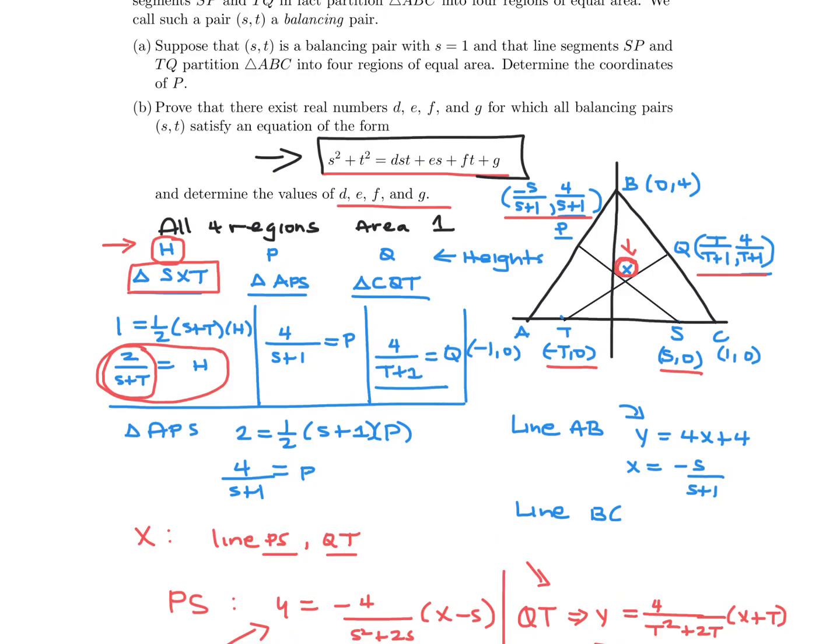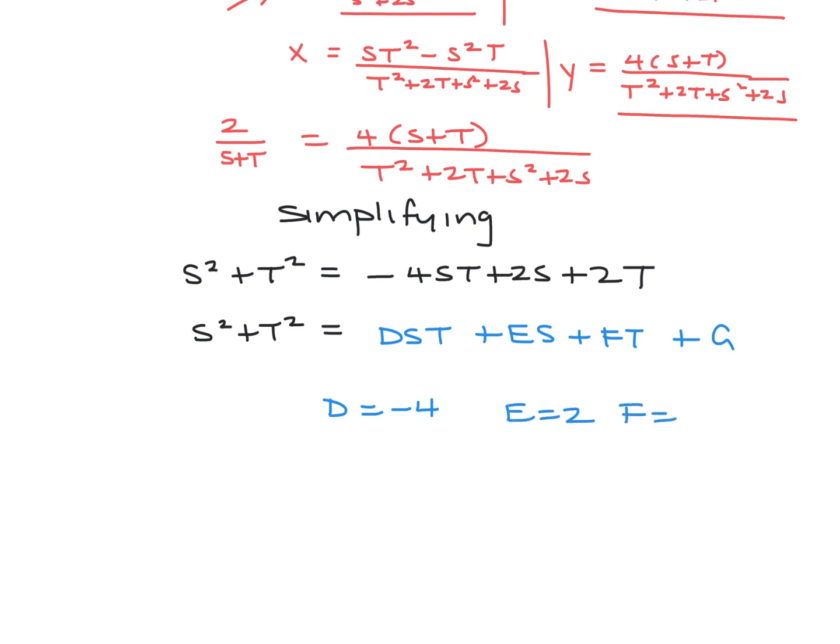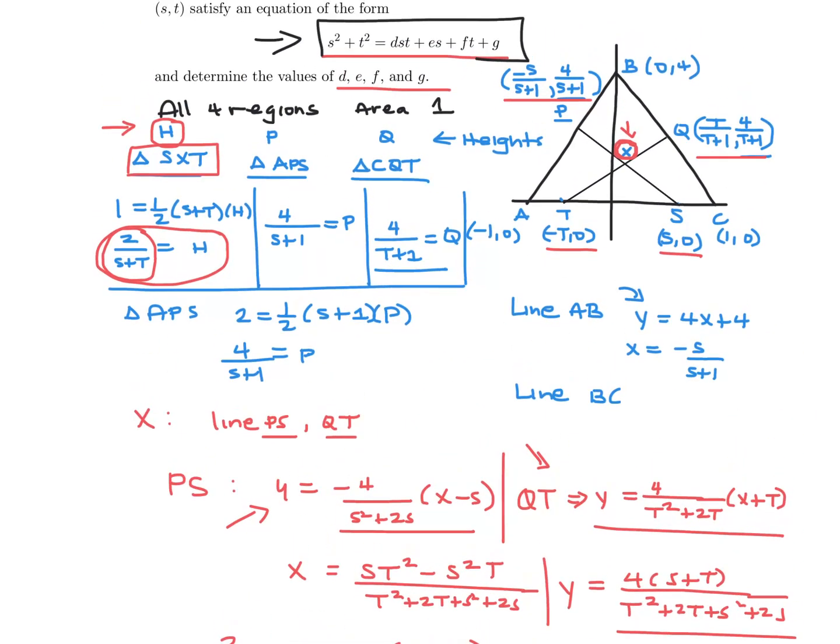That one was s squared plus t squared is equal to dst plus es plus ft plus g. Comparing these two, d is negative 4, e is equal to 2, f is equal to 2, and there is no actual g, so g is 0. So d is negative 4, e is 2, f is 2, and g is 0, and I think that's what they wanted. They want us to figure out the values of d, e, f, and g. So there we go. We got them.